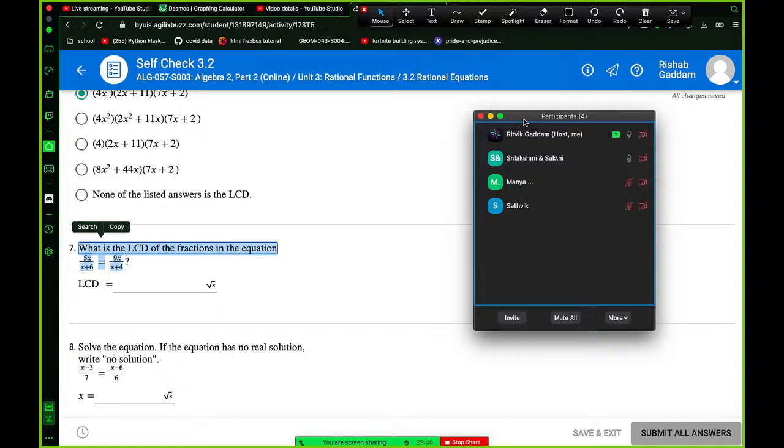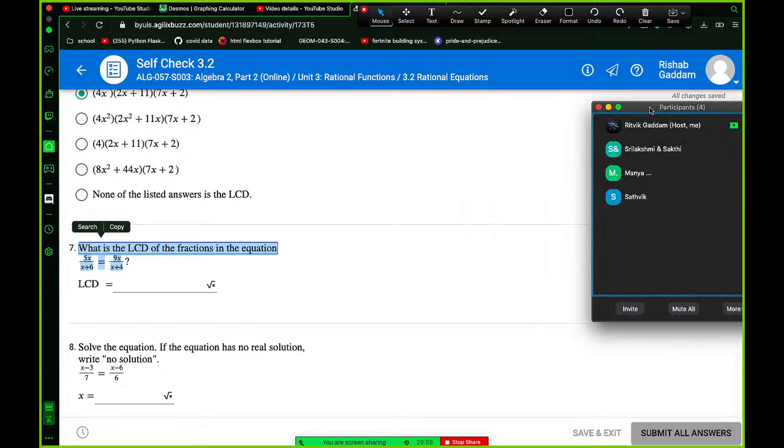Remember FOIL? Do you remember FOIL? Like first, outer, inner, last? Well, let me just give you an example.